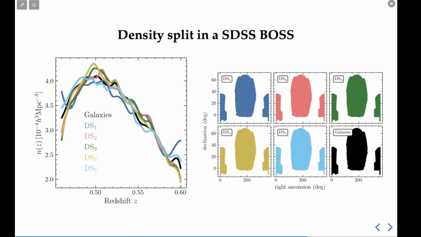And what you see here on the left-hand side is the number density of galaxies as a function of redshift, and the number density of random points as a function of redshift belonging to each of the quintiles. So you can see that they all follow closely what the galaxies are doing, which is what we expected. On the right side, what you see is basically the footprint of BOSS. So this is the area of the sky that we observed. And we're just showing that you get these random points everywhere, same as galaxies, which is good.